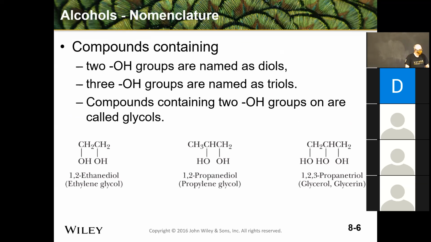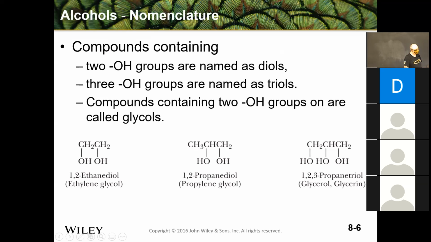Next we're going to look at compounds that contain more than 1 alcohol group. If you have 2 OH groups on the same compound, then it's a diol. If we have 3, then it's a triol, or it would be a tetraol, and so on. There's some text missing in this description.